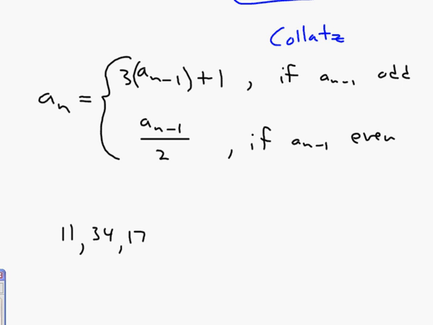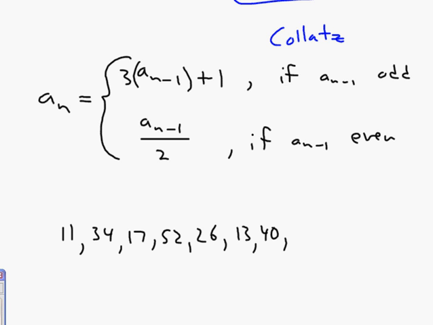We get 17. 17 is odd, so 3 times 17 plus 1 is 52. 52 is even, so we divide it by 2 and get 26. 26 is also even, so we divide that by 2 and get 13. 13 is odd, so we multiply it by 3 and get 39. We add 1 and get 40.